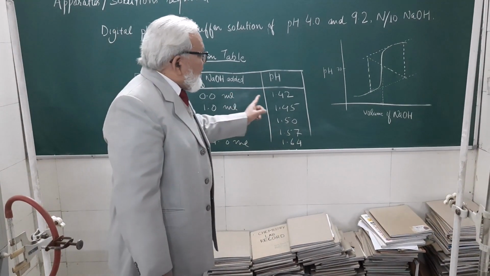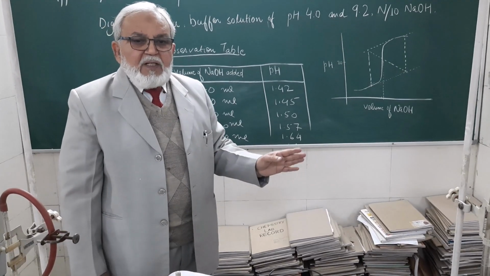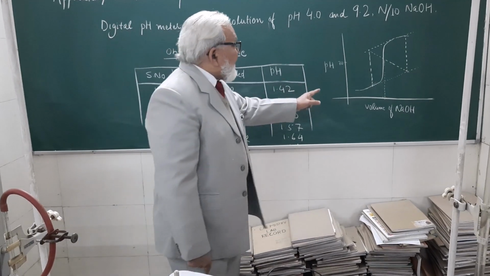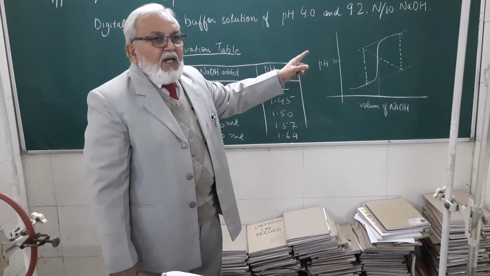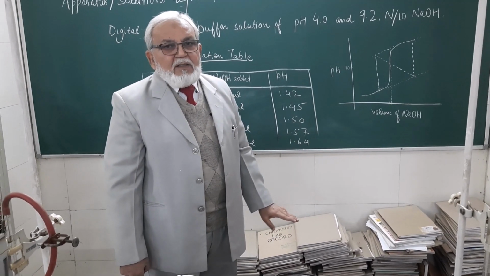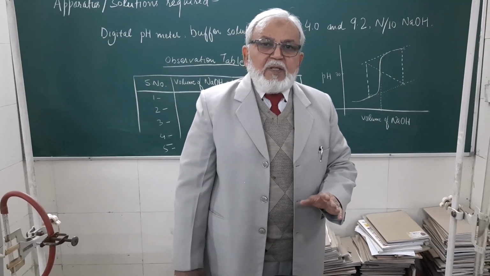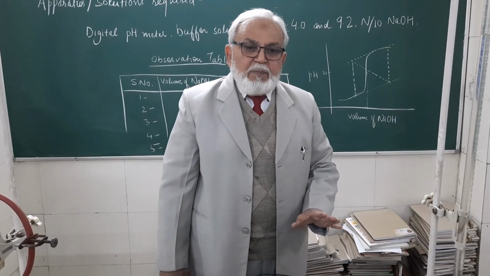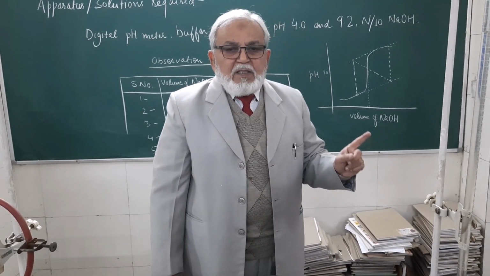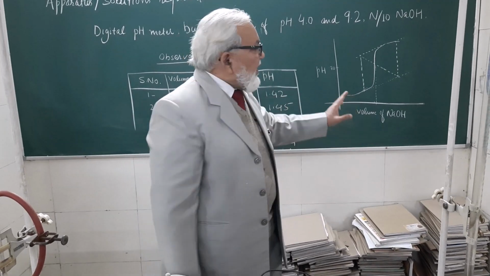Initially the rise will be slow, and near the end point there will be a sharp rise in pH, going directly into the basic medium. In basic medium, NaOH will again be added and some readings taken, but the rise in pH is not as sharp as near the end point.